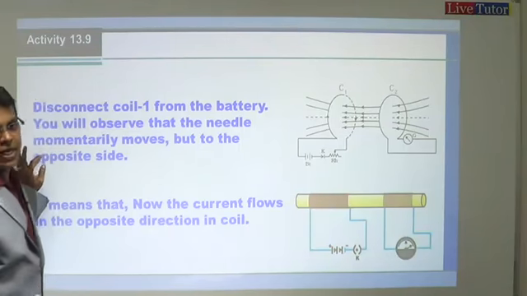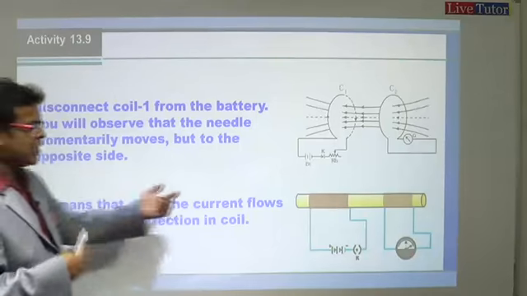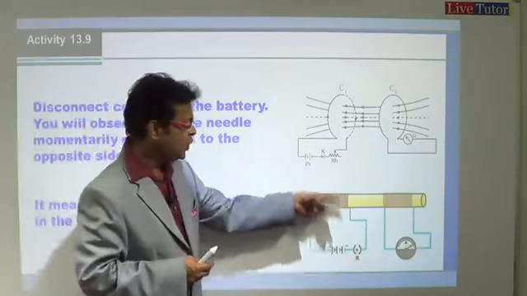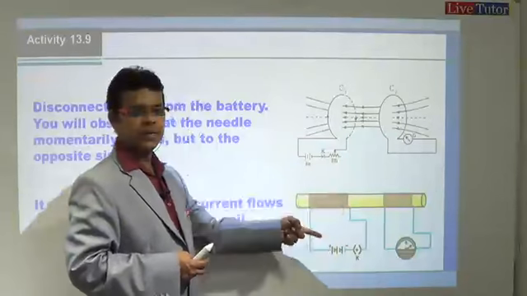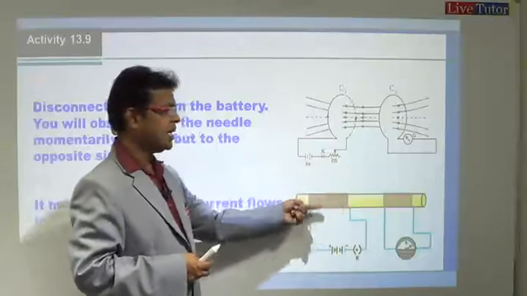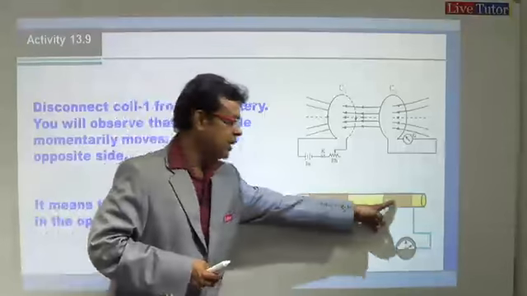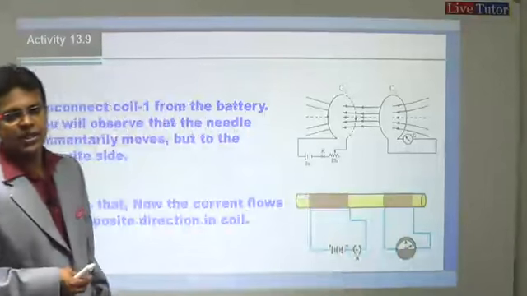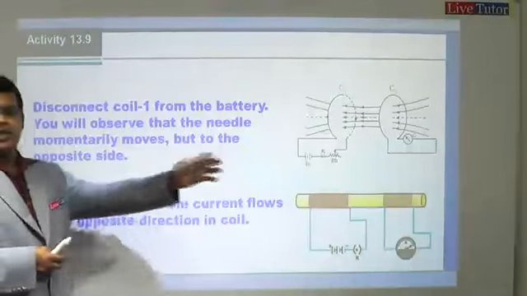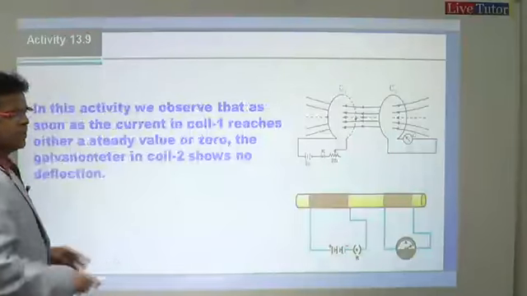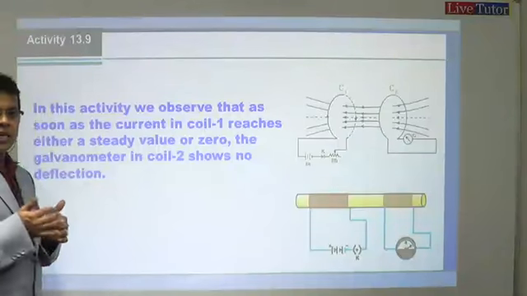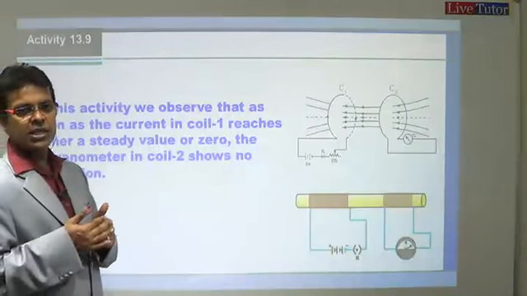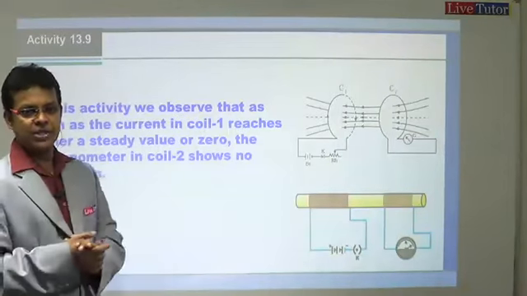And this is also a change, isn't it? So when there is a change in the current, the magnetic field associated with this coil will also change. And due to the change in the magnetic field associated with the coil, EMF is induced, due to which current flows. So whether the current is increasing or decreasing, there will be some deflection.